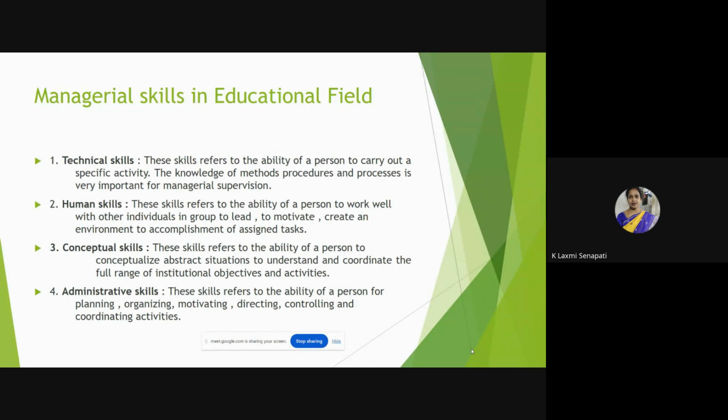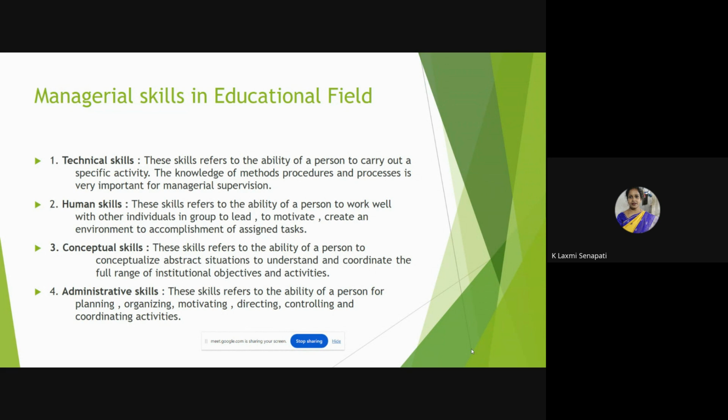Suppose some parents come to school to ask about their students, but I don't want to talk with anyone and simply say, no, go to their class teacher, don't ask me. This type of behavior is very rough. So we have to change ourselves.